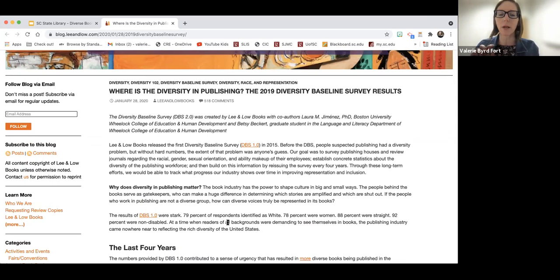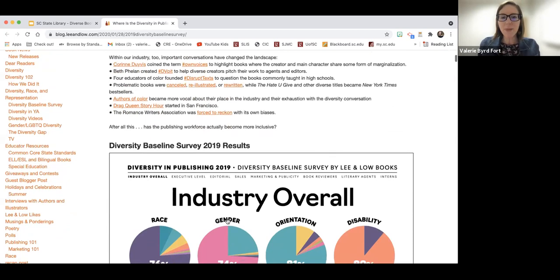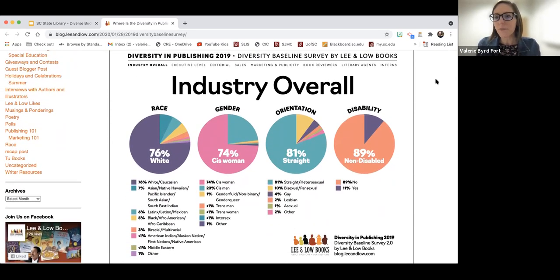And this is really important because it is the publishers, right, who are making the decisions of what gets published. And so when you look at their baseline results, it's really eye-opening and also a good explanation of perhaps why things aren't getting better as quickly as we would like, right?